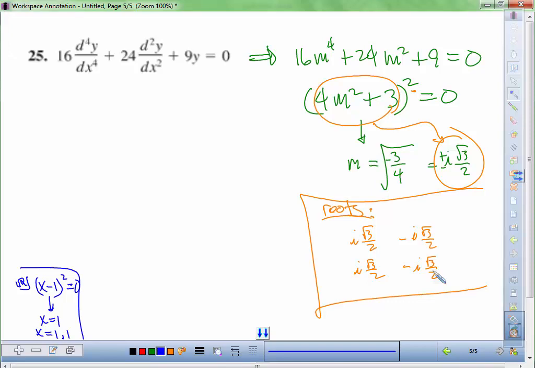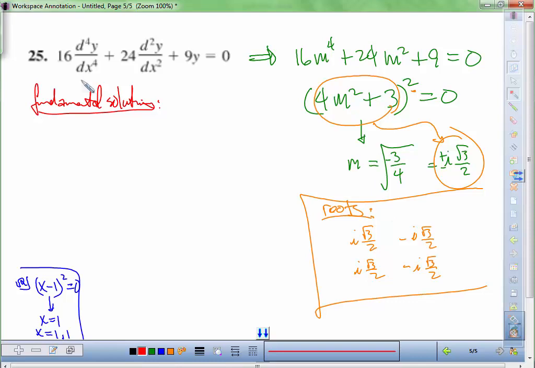Okay. Now, remember, if we're dealing with complex conjugates, we need 4 fundamental solutions that are linearly independent. And let's start off with thinking that we have complex conjugates as our roots.